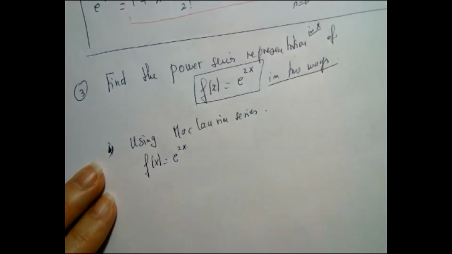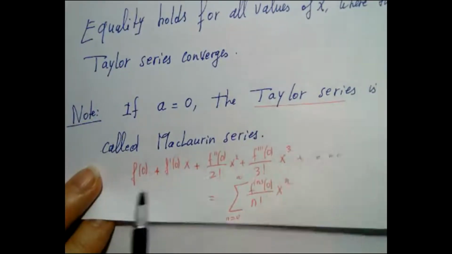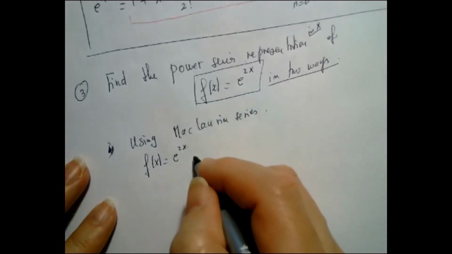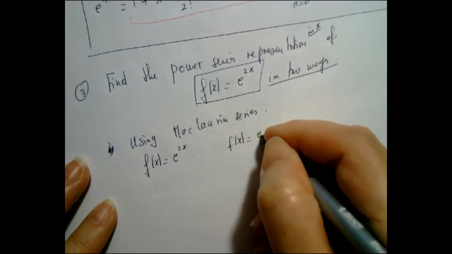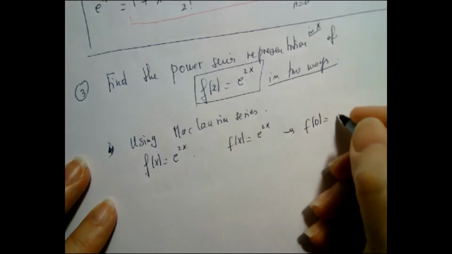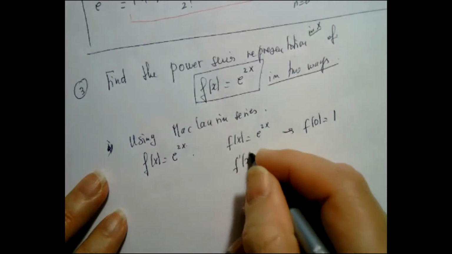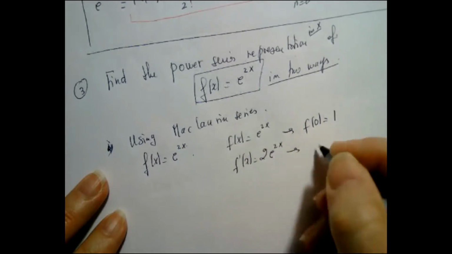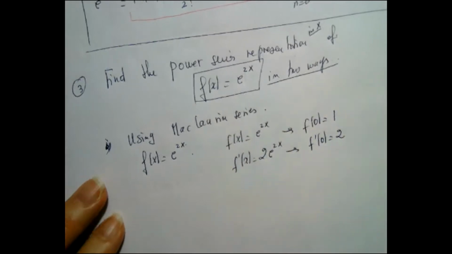So if you use the definition, it means I have to evaluate all those terms and plug them in. So we will do that. We have f of x equal e to the 2x. It means f of 0 is equal to 1. F prime is 2 e to the 2x by the chain rule. It means f prime of 0 equals 2.